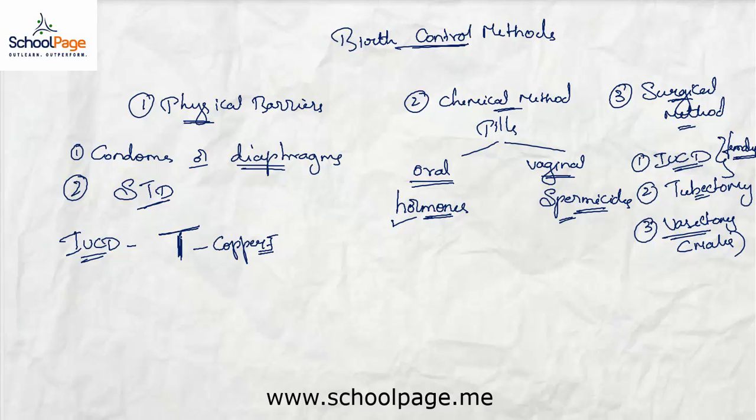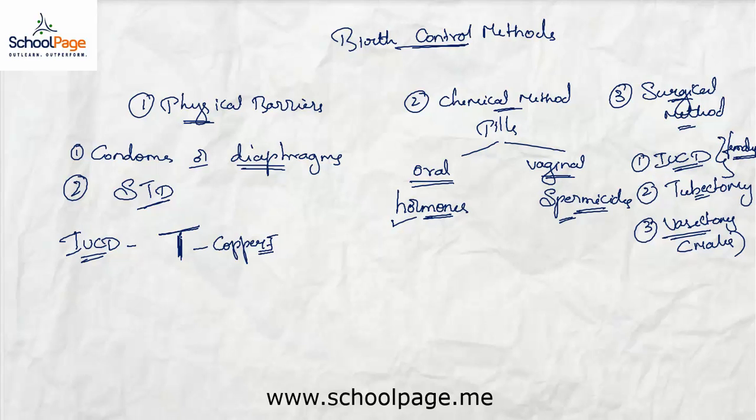Copper T can also sometimes be coated by a female hormone called progesterone, and in this case the progesterone makes the uterus an unfavorable environment for a fertilized egg to stay and grow. So in both the ways, IUCD helps prevent the pregnancy even before fertilization and after fertilization.